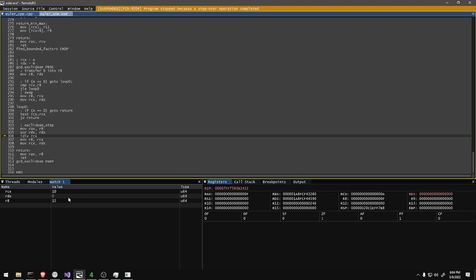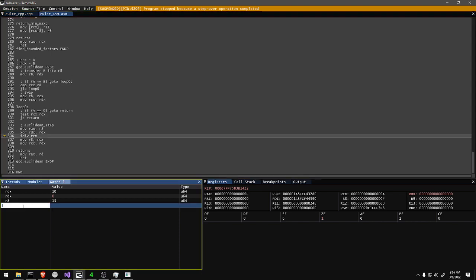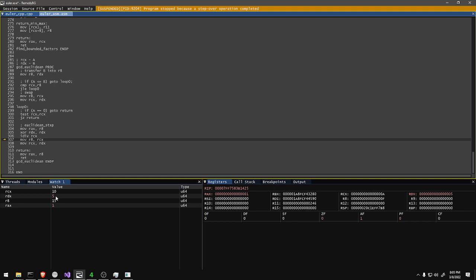RDX gets cleared to 0. We divide by RCX. That's what's in A. So we have RAX divided by RCX, and then we get RDX equals 5, because that's the remainder.